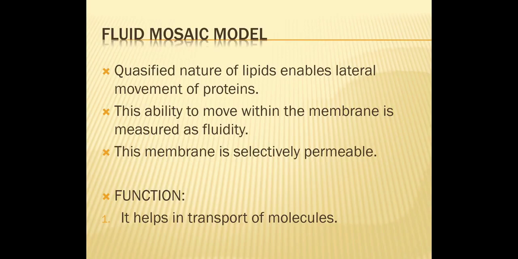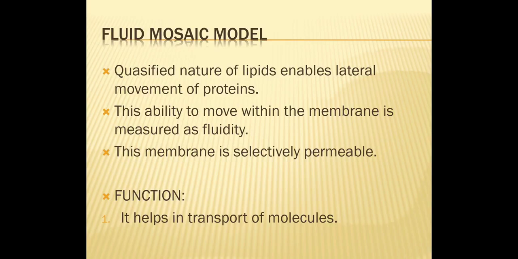And this membrane is selectively permeable. If I say the word selectively permeable, that means it allows some of the material to pass through it, whereas it does not allow some to pass through. That's why it is selectively permeable.